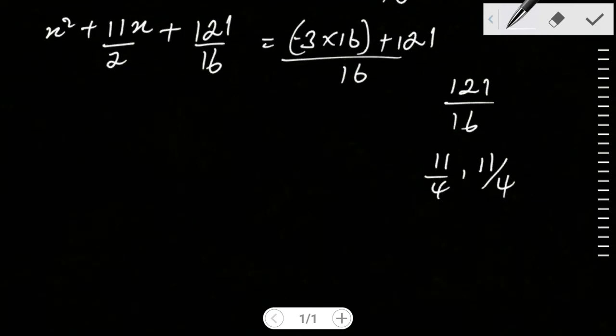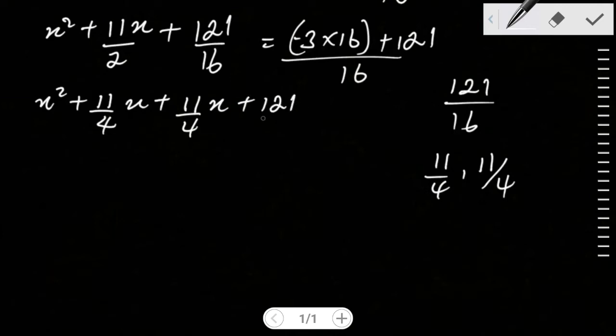And therefore, x squared plus 11 all over 4 x plus 11 out of 4 x plus 121 all over 16 would equal -48 plus 121 all over 16.